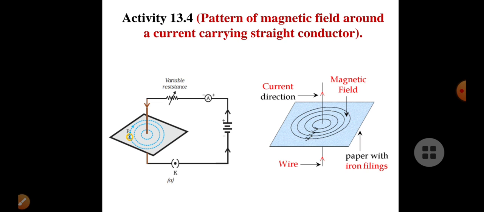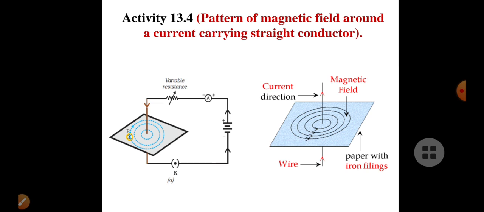You can imagine this phenomenon like when you throw a stone in a pond of water, you must have seen those circles moving away from that center. The center is where you have placed that stone. So here the center is where the wire is passing, and these circles are showing the magnetic field produced around this straight wire.